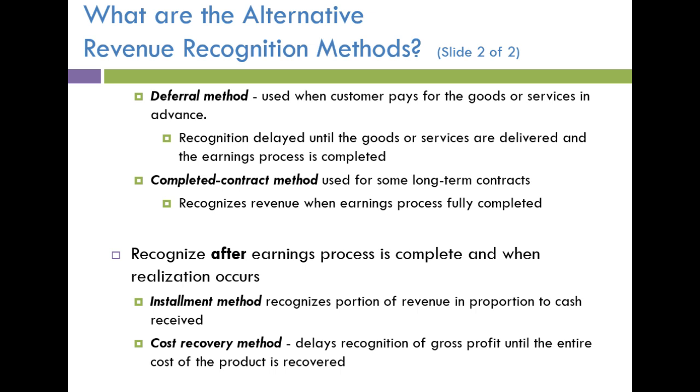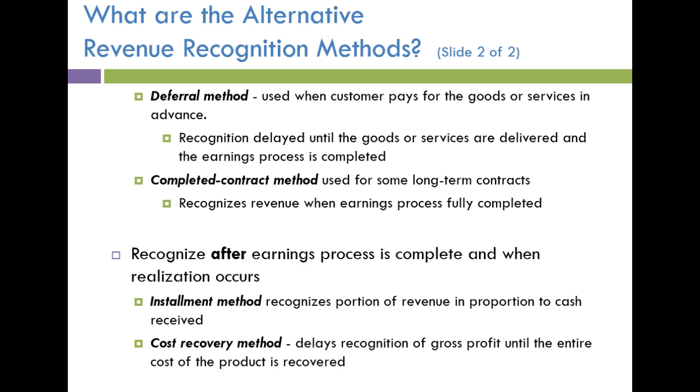Cost recovery method delays recognition of gross profit until the entire cost of the product is totally recovered. So basically, let's say that there is a big construction project. The construction project really costs the construction company $20 million. Now, the sales are, the bid is for 24.